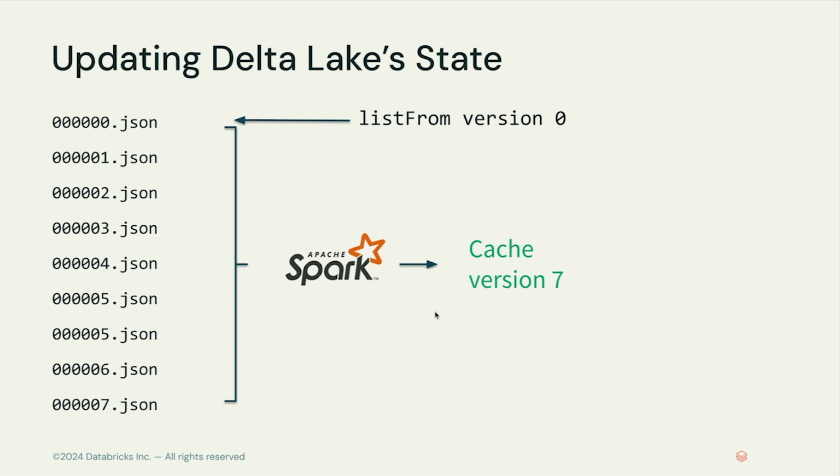What we need to do is read 0, 1, 2, 3, 4, 5, 6, and 7, and combine them all together. So we read all of them, and then we generate the table state, or the state of the table at version 7. This again has all the information about the files, the statistics, the partition columns, the schema. So we have that cached version.